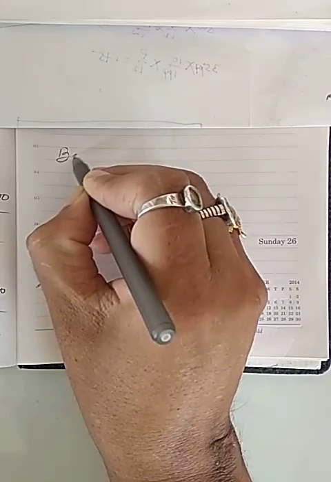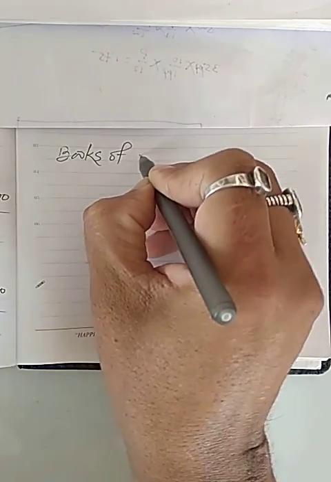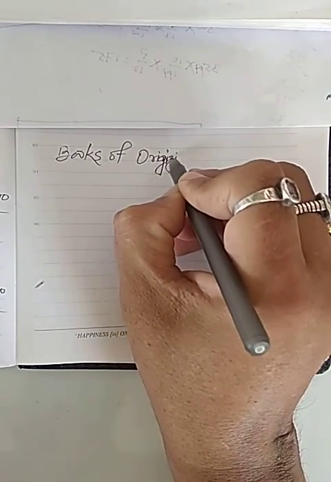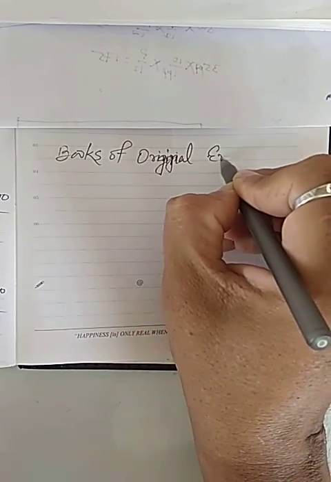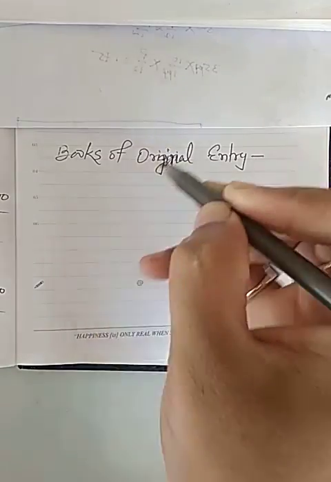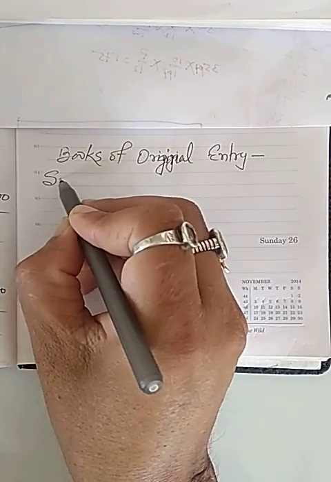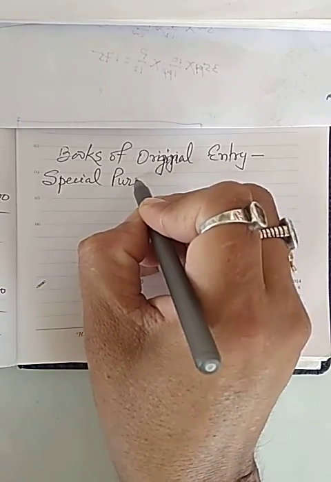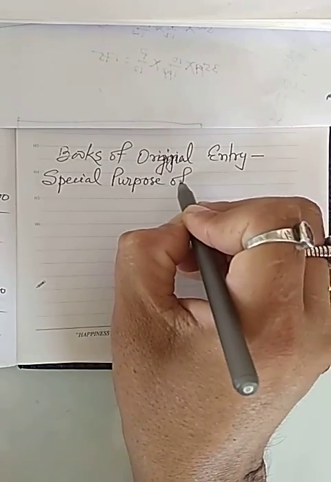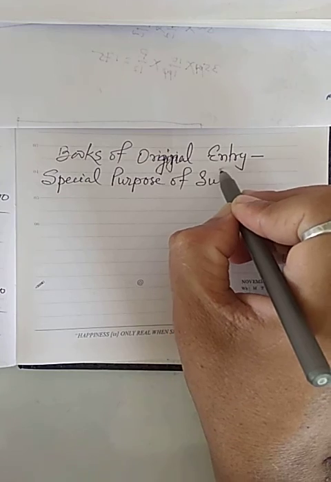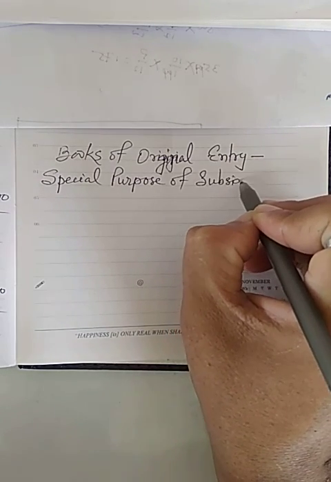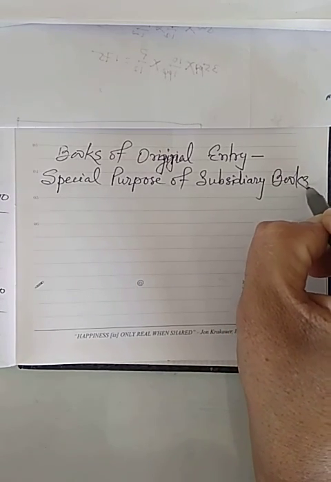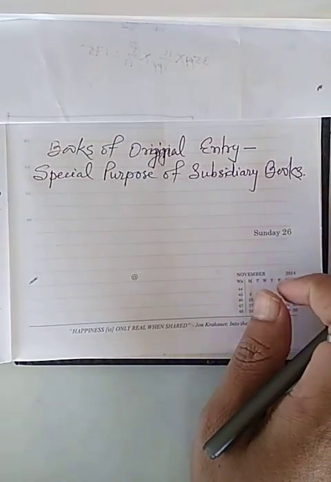The name of the chapter is Books of Original Entry, also called Special Purpose Subsidiary Books.